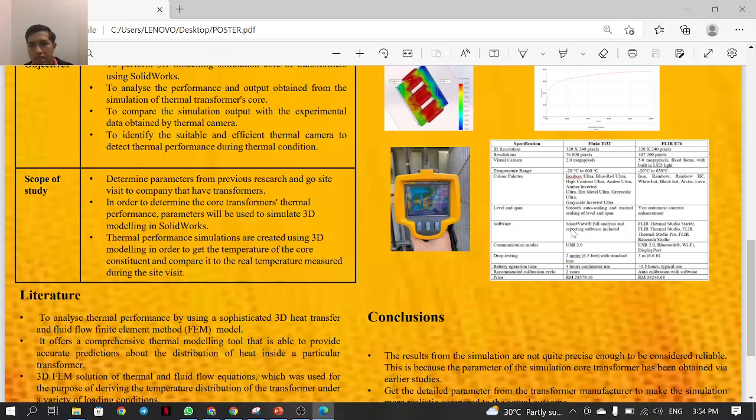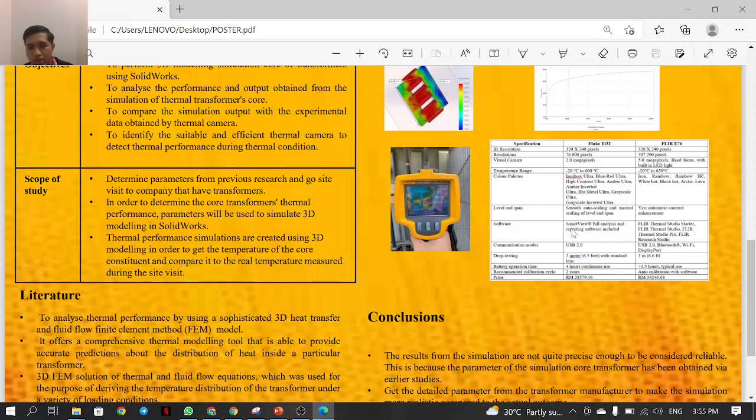On the visual camera, we can see the FLIR E76 uses 5 megapixels for the visual camera, and the color palettes of the Fluke TI32 are more than the FLIR E76. On the level and span, both cameras have good performance, but for the software, FLIR is more useful because there is more software to use and it is easy going.